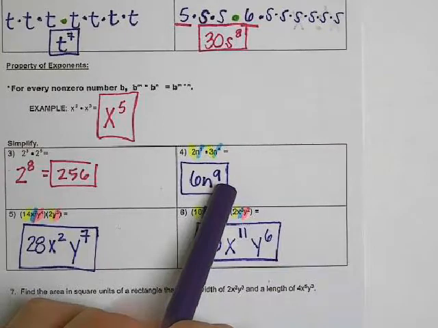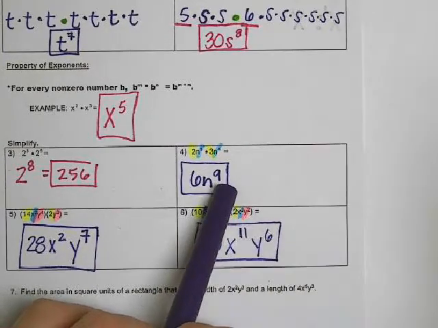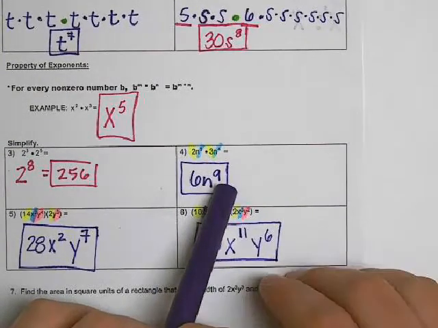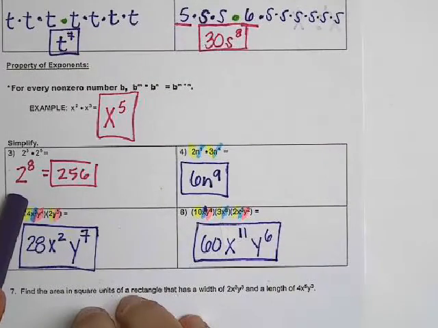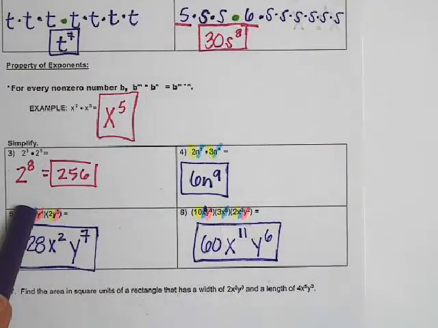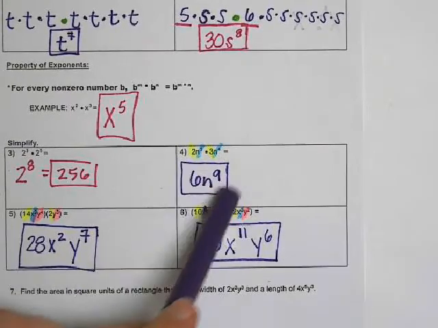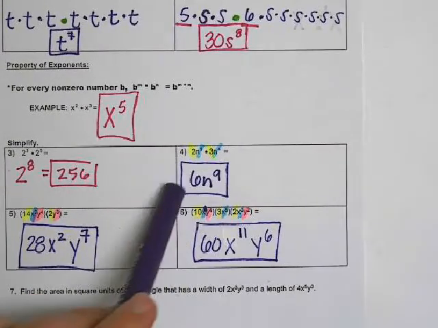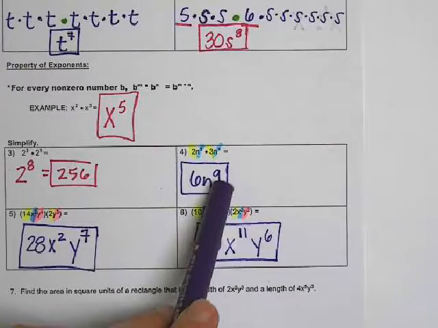There's not like a number that you get when you do n to the 9th power. But if I do 2 to the 8th power, it would be 2 times 2 times 2 times 2, 8 times. So that would be 2 times 2 is 4, times 2 is 8, times 2 is 16, and so on. I can't do anything else here. There's nothing else that I can do. Because this 9 goes with the n.